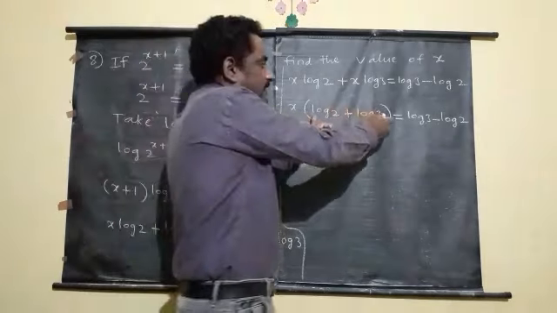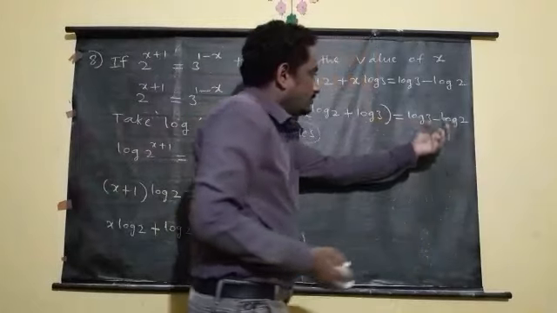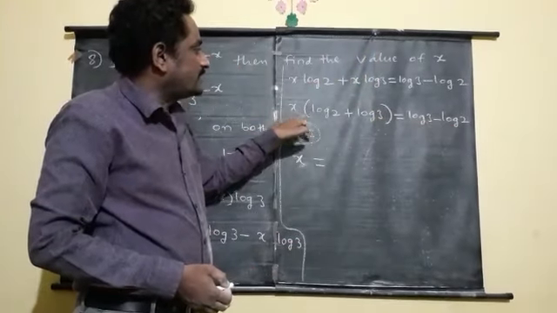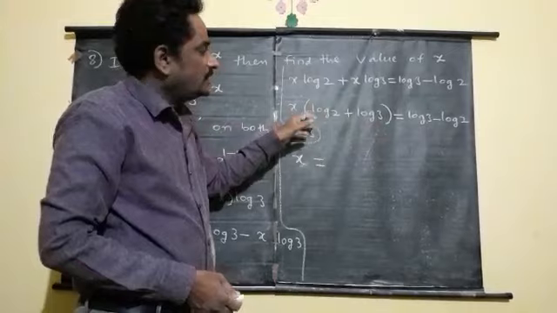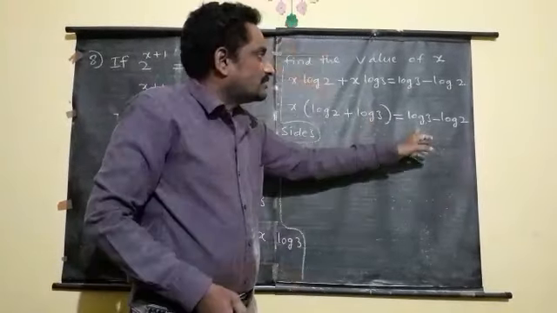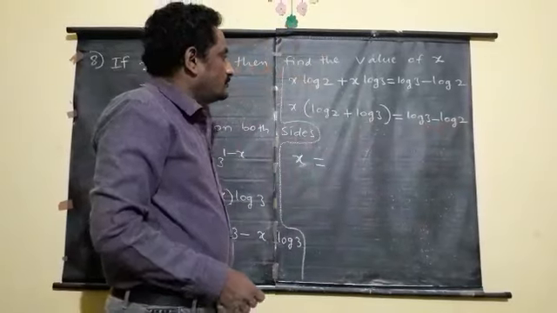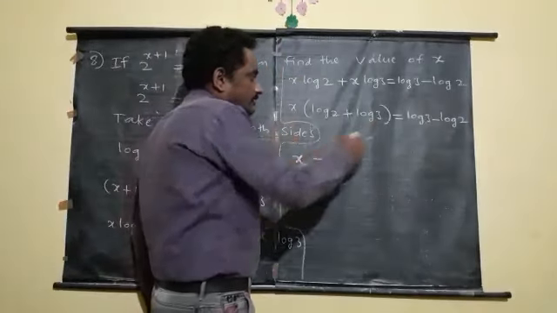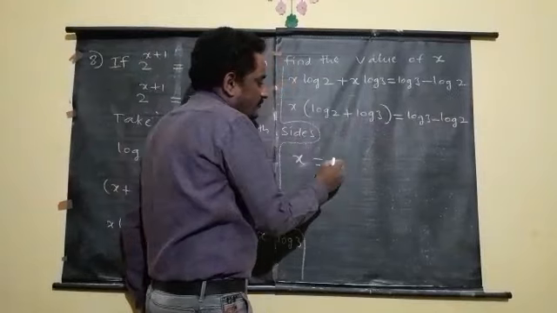Next step, x is equal to, this bracket we are sending right side of the equal to, then by. Here nothing means into, x and this bracket, between them nothing means into. Now this total bracket if we send right side, it becomes by log 3 minus log 2 by log 2 plus log 3. X is equal to, already on the right side what is there?